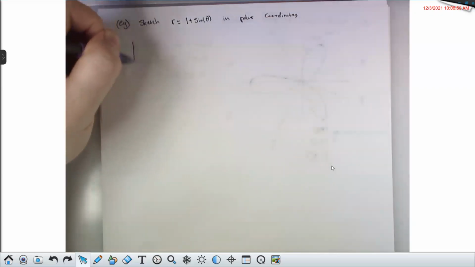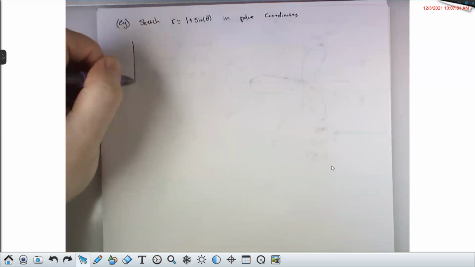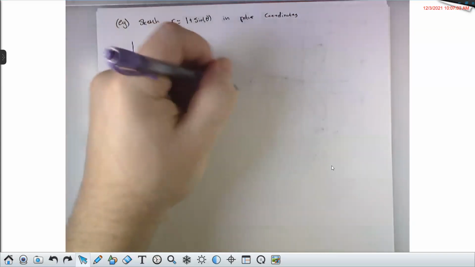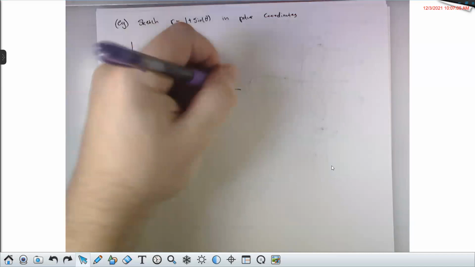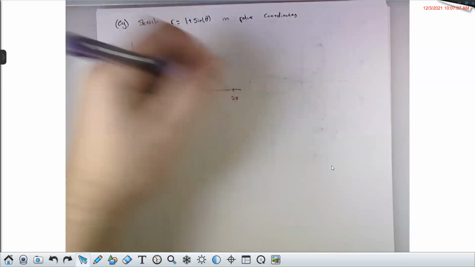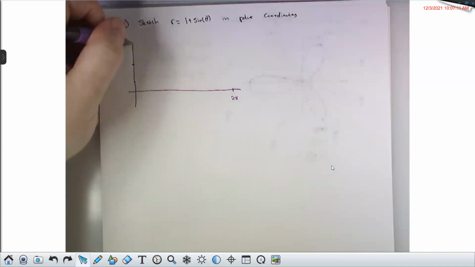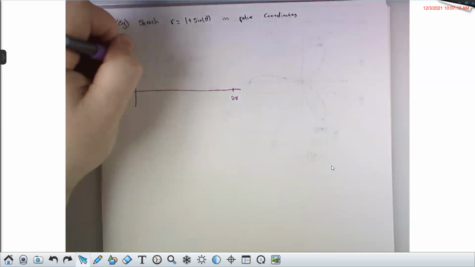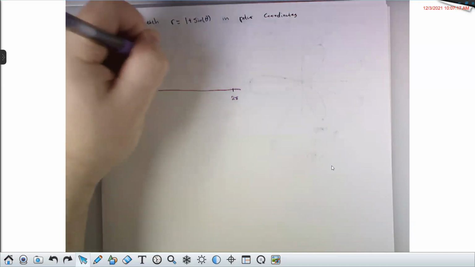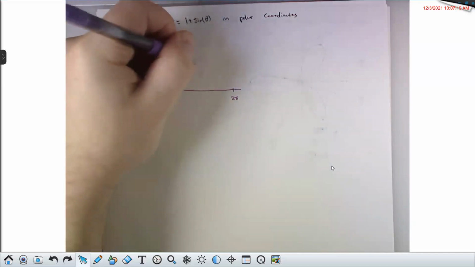So if I want to sketch 1 plus sine theta, I know that's a sine wave with period 2 pi, amplitude 1, and it's been shifted up by 1 unit. So I like to draw the equilibrium line here.